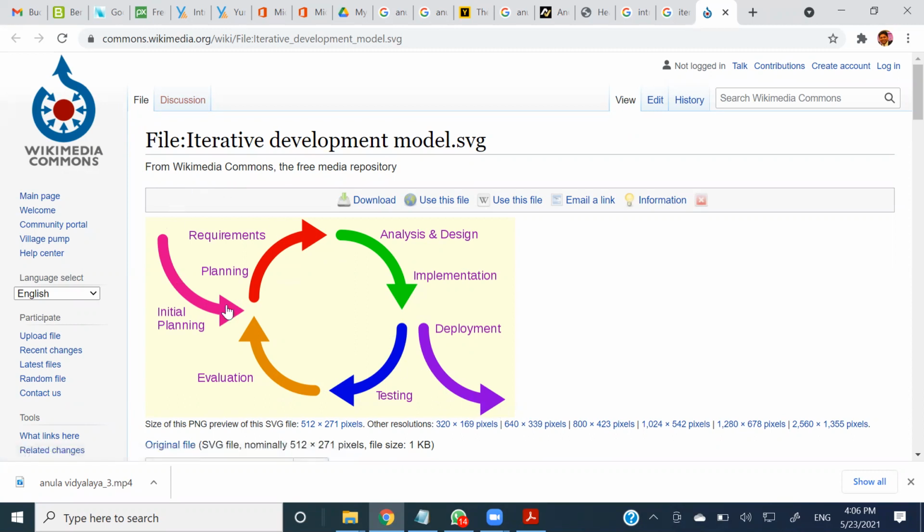First we plan and design and implement and test the identified requirements, then we evaluate it with the customer as well as within the project. Then again, if any new requirements are there, that happens again. So once everything is okay, then they can go to the deployment, right?